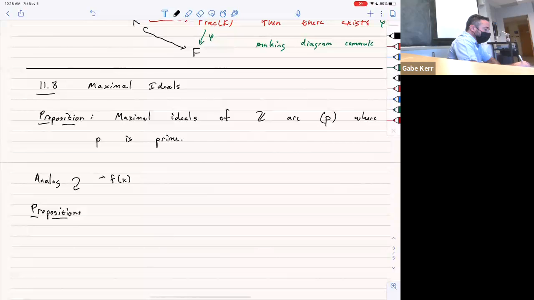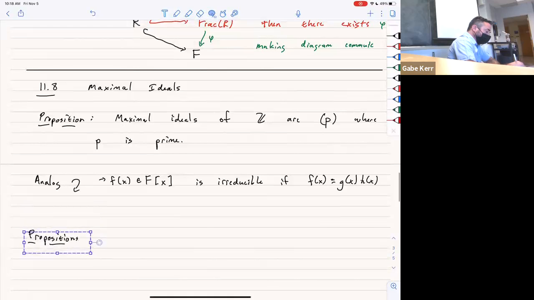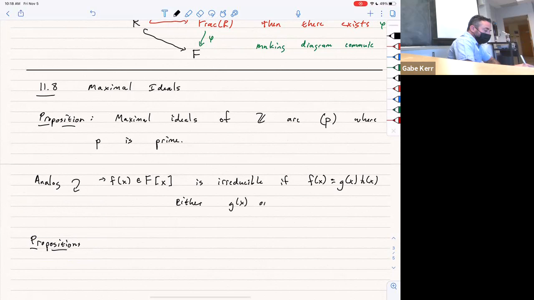So let me write that here. f(x) in the polynomial algebra is irreducible if, when I write f(x) as a product g times h, either g or h is constant.